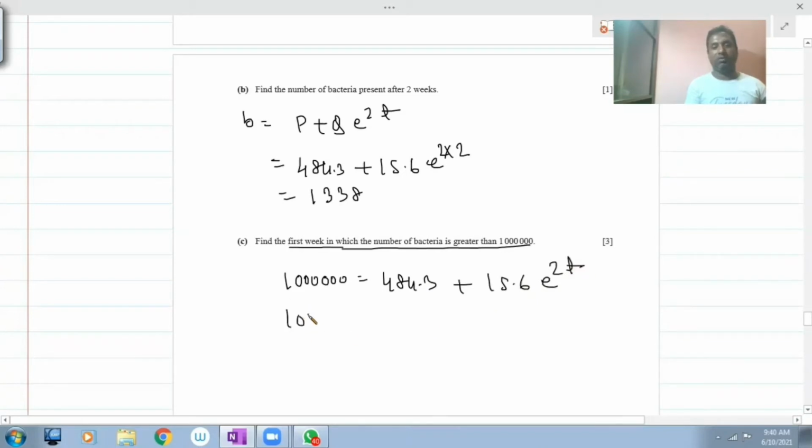Now let us simplify: 1,000,000 minus 484.3, divided by 15.6, equals e to the power 2t.